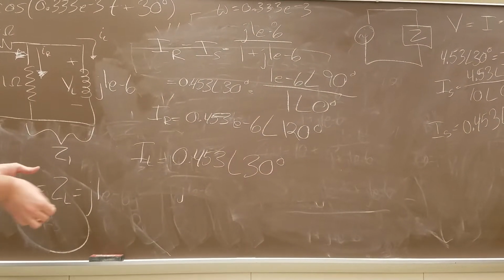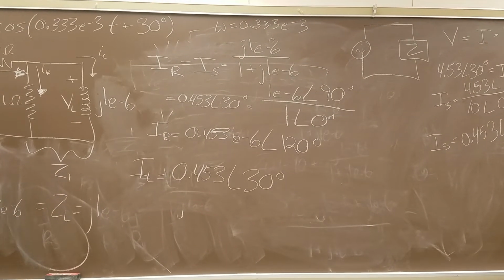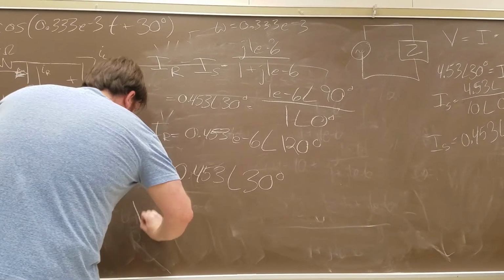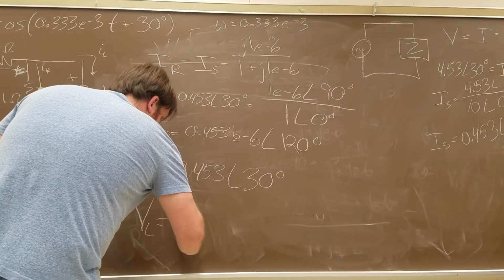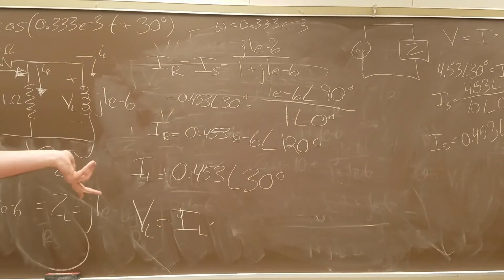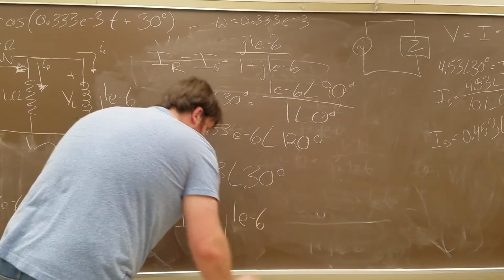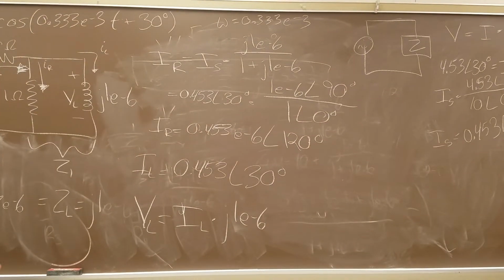Okay? And then if I would like to find the voltage across each individual portion, all I do is apply Ohm's law again. So my voltage across my inductor is just equal to my current through my inductor times 1e negative 6j. And that will give me my voltage across my inductor.